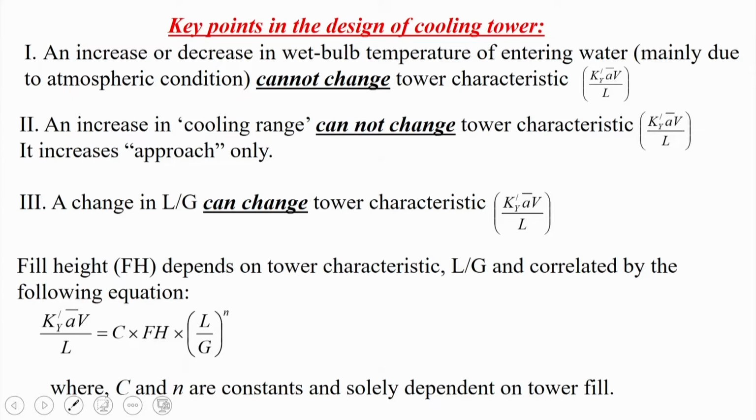The fill height, that is the filling material added inside the tower, depends on the tower characteristic and L by G, and these are correlated by the following equation. The tower characteristic is C into F h into L by G to the power n, where capital C and small n are constants, solely dependent on the tower fill material. Whatever material is used to fill the tower will give the values of C and n.